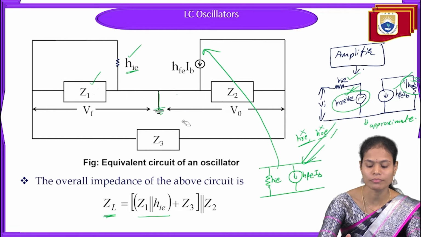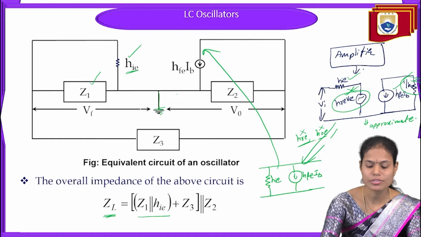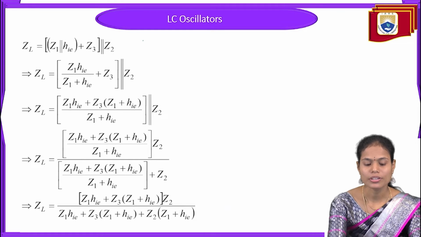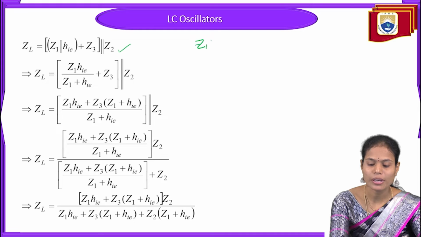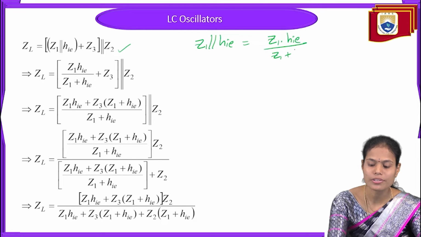I'm very sorry. These two are Z1 parallel with hie here, plus this particular Z3. So this overall impedance is parallel with Z2 here. So here the ZL value is this much. Here Z1 parallel with hie we can write as Z1 into hie by Z1 plus hie.